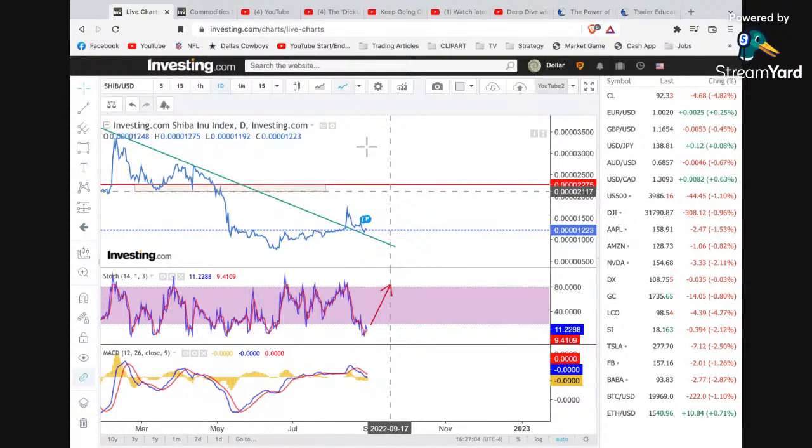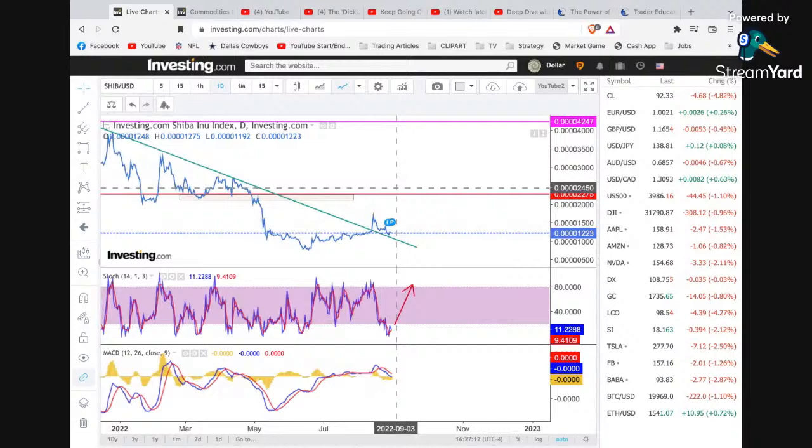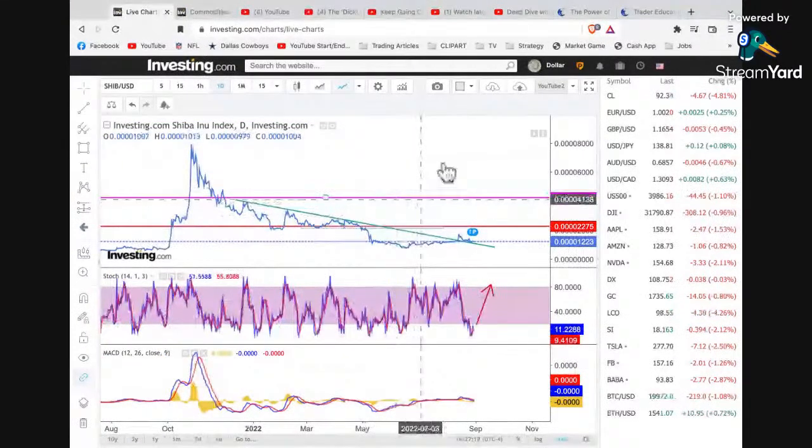In the futures world, we can just put a stop loss and get out. Now you can't move as fast with the crypto coins. So if I was trading the coin itself, I wouldn't wait until it got to the ideal area.